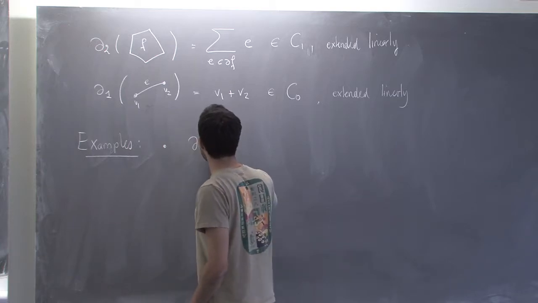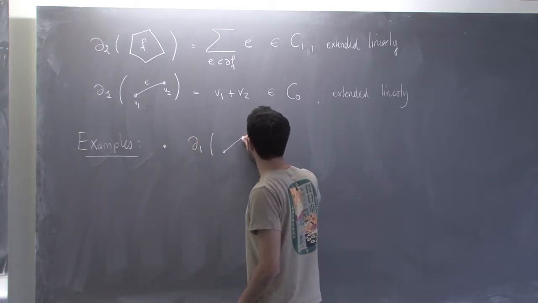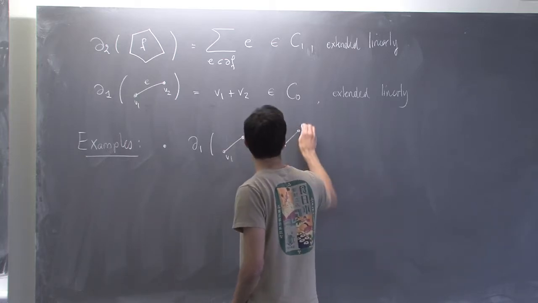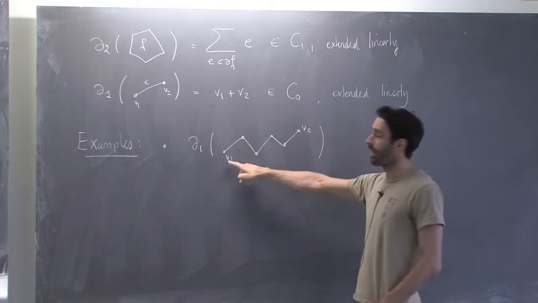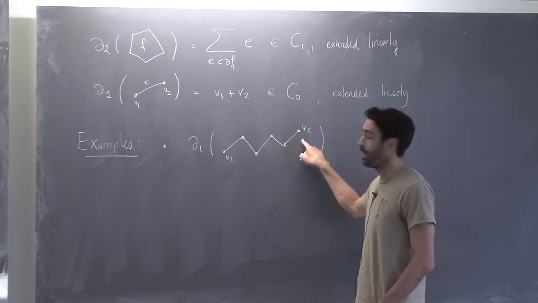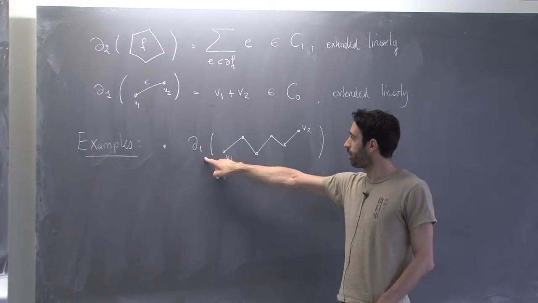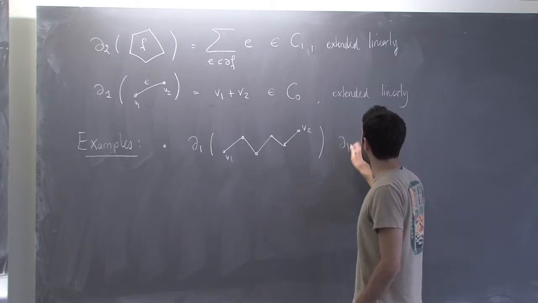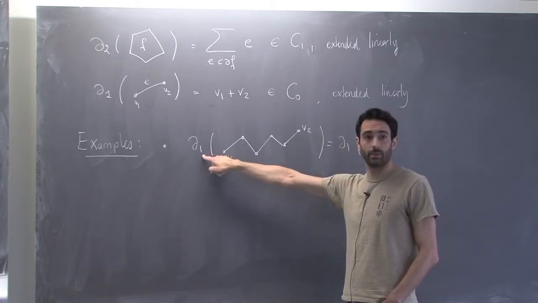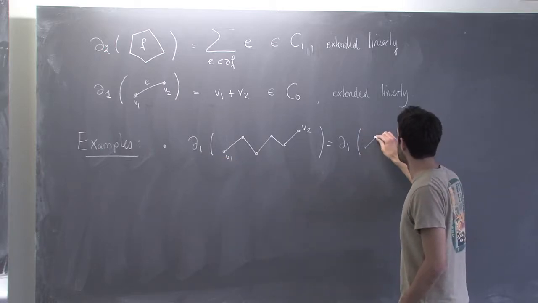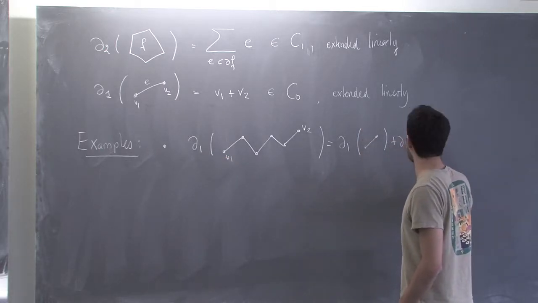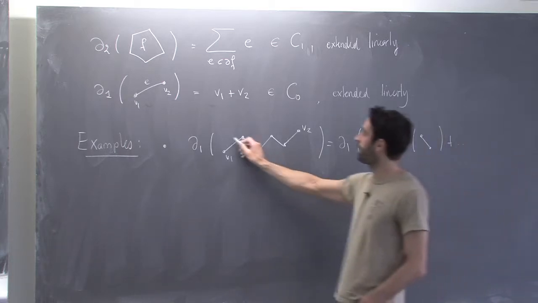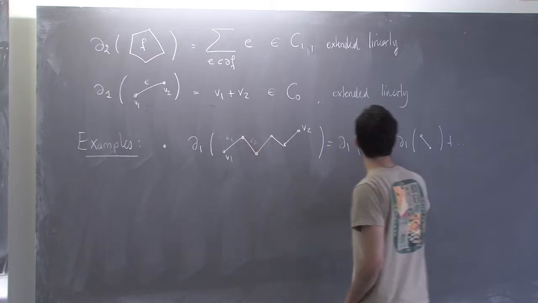What is delta 1 of a path? You see, I have this path made of edges, and I want to compute the boundary of this path. So since I extended, delta 1 is linear. So this is delta 1 of this plus delta 1 of the second one plus etc. Okay, let's say E1, E2.